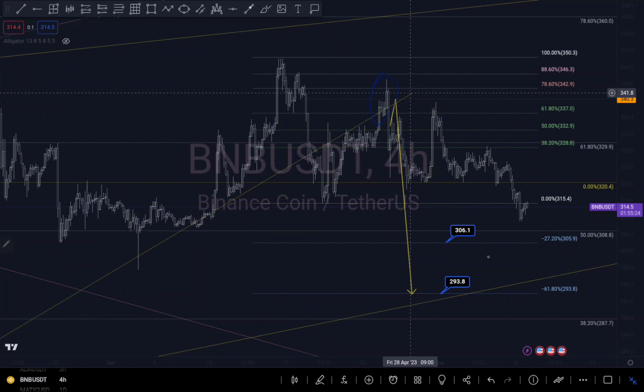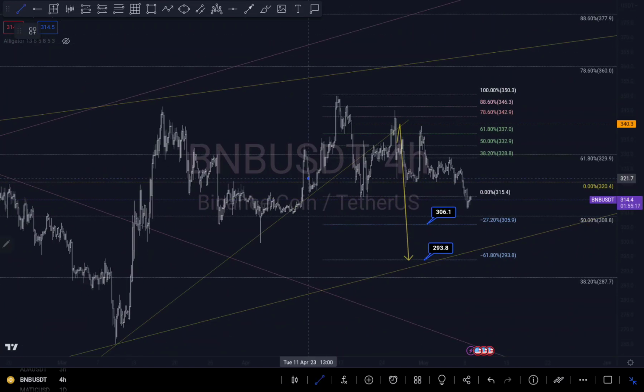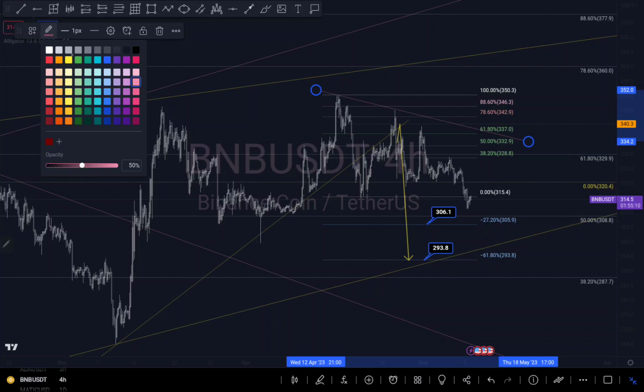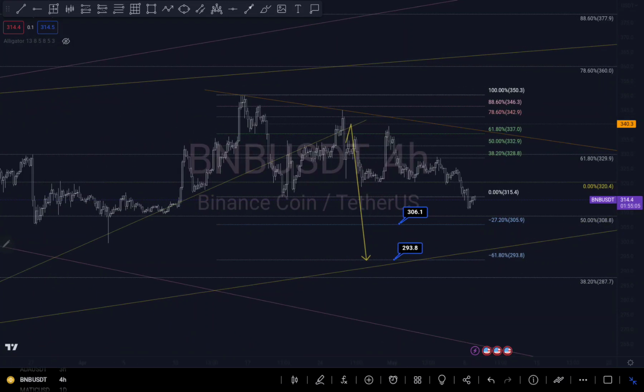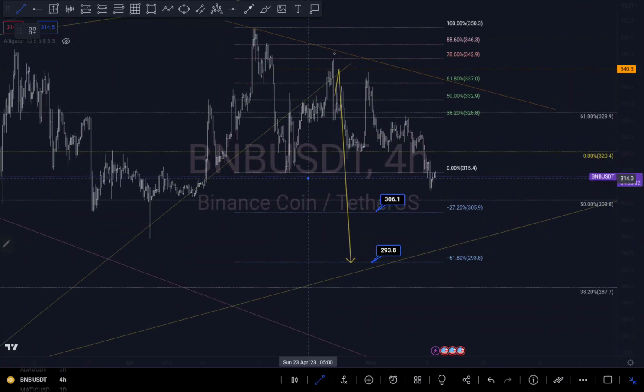So I said there's a possibility that we might continue to push to the downside, and as we can see right now, we are still pushing to the downside. So let me just add a trend line here first. We can add a trend line here. You can also add a trend line here as well, but just like a breakdown.